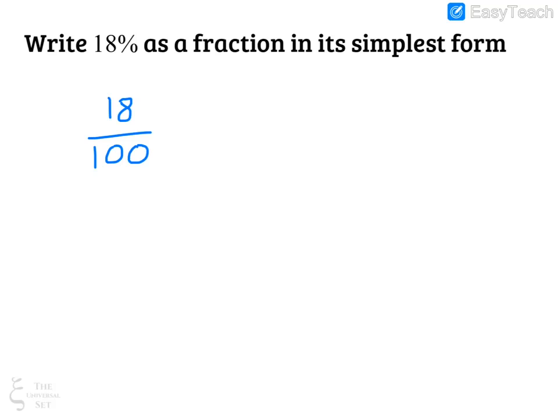But this is definitely not yet in its simplest form because I can spot a number that I can divide both of these by. 18 and 100 are both even numbers, which means I can divide by 2 on the top, and I can do the same on the bottom. That will give me a simpler version, 9 over 50.